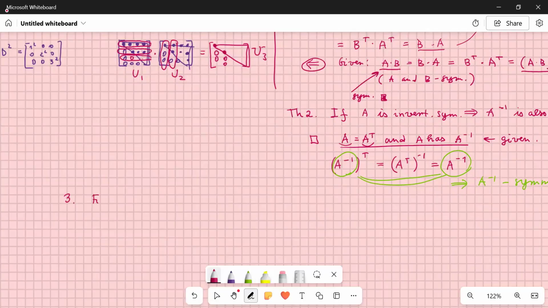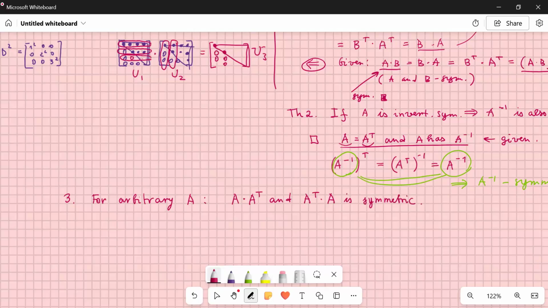For arbitrary, which is a little bit strange, right? For arbitrary A, the product of A by A transpose and the product of A transpose by A is symmetric.